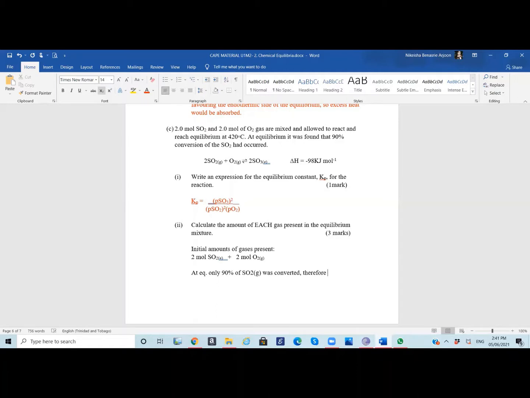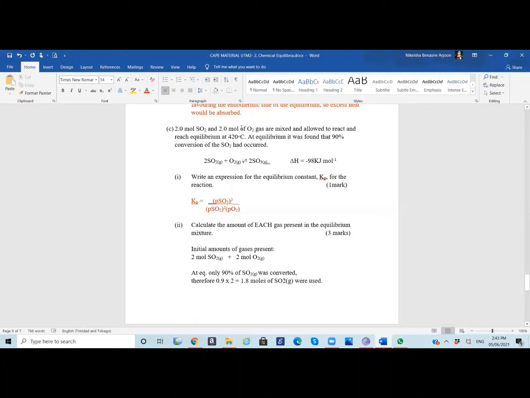Therefore, 0.9 multiplied by 2, that is 90% of the 2 moles, which is equal to 1.8 moles of SO2 were used. Here, they give us that information that at equilibrium, only 90% of this was converted.